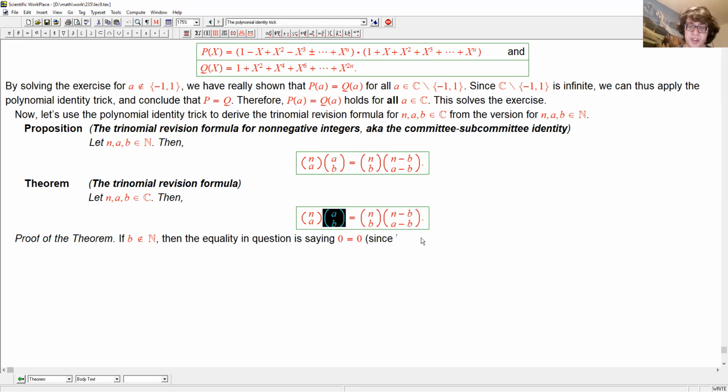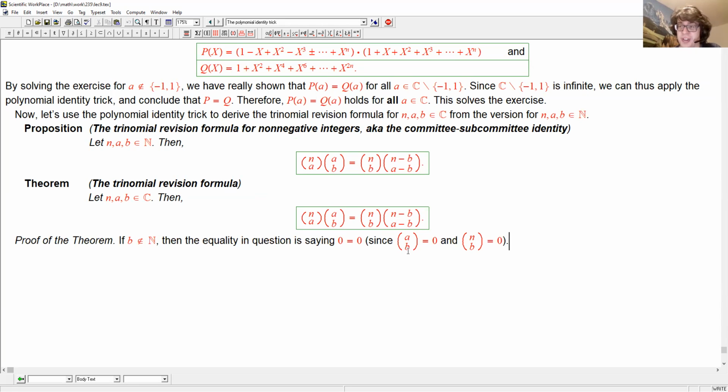Because a choose b is 0 and n choose b is 0. Remember, a binomial coefficient whose lower index, I should not say denominator, but that's how it looks, is not in N, is always 0. So WLOG assume that b is in N.